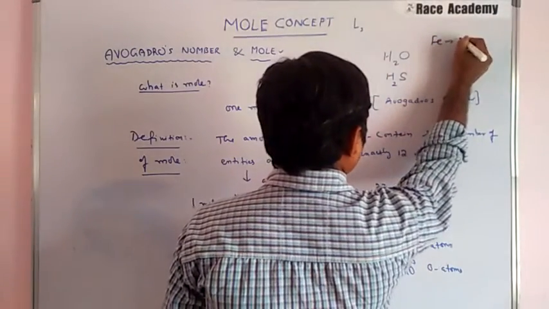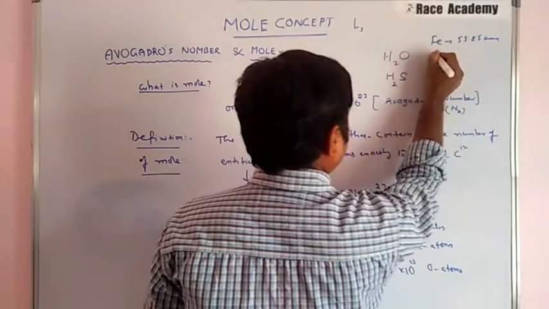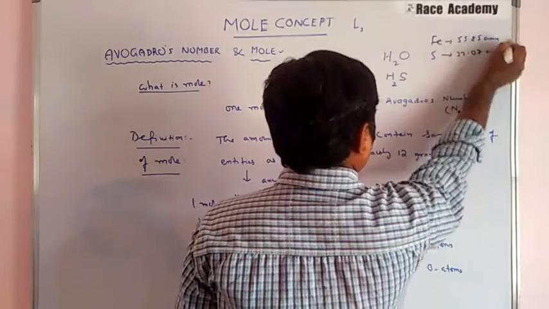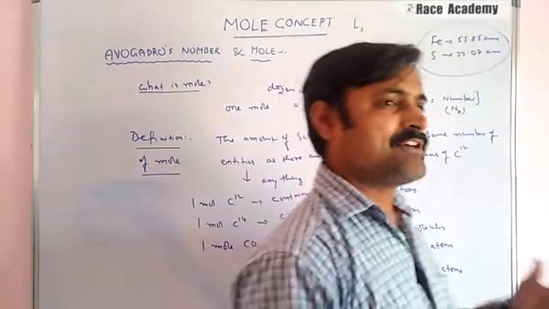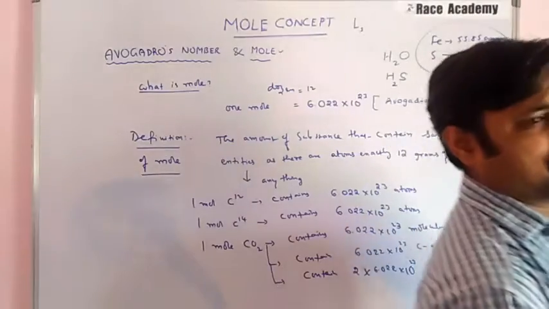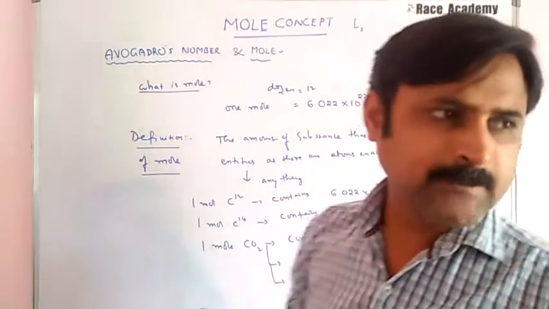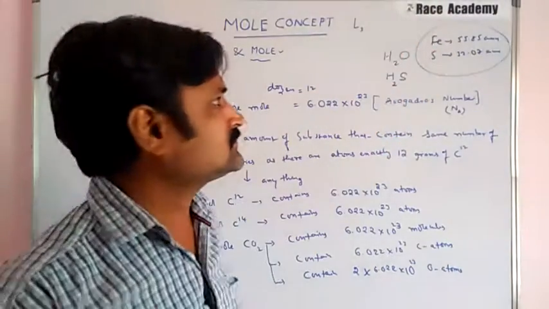Iron is 55.85 AMU, sulfur is 32.07 AMU. So these values are average atomic masses, that means molar masses which are expressed in grams.